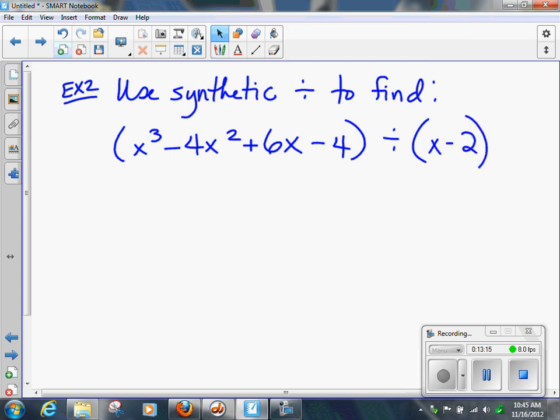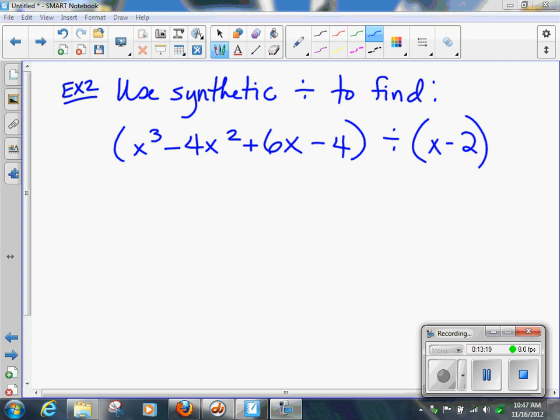You do that one yourself. What number goes in the box? 2. Does everybody understand where we got the 2 from? That's right. You put the opposite in the box.